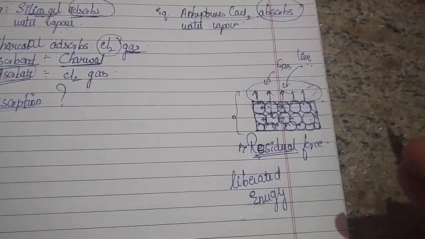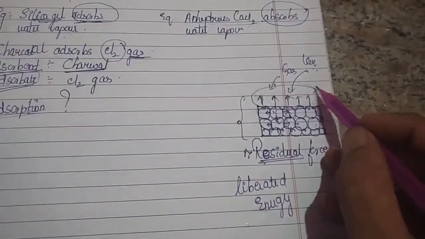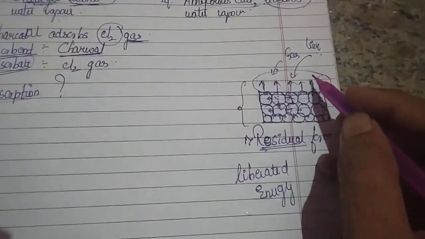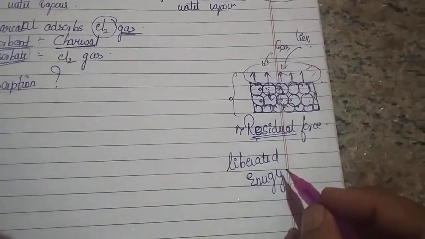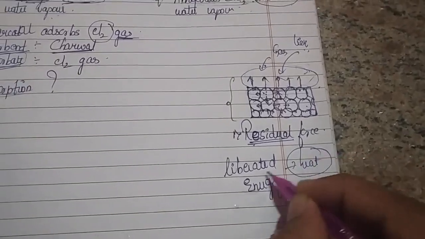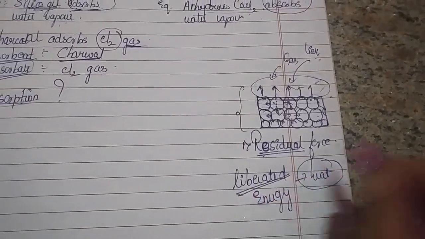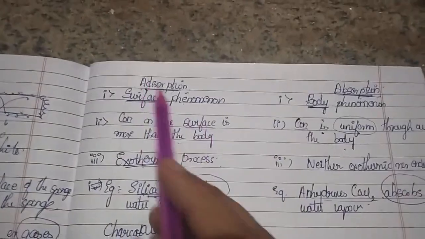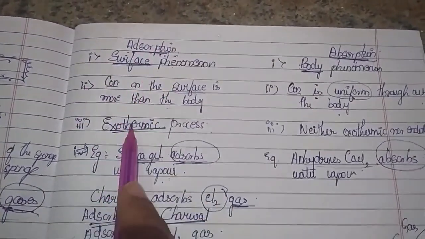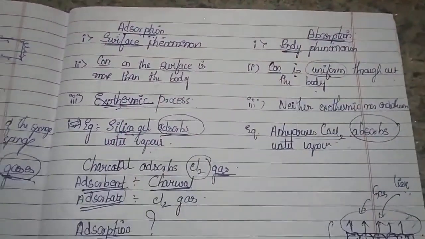Mark my words, during adsorption there will be a decrease in the surface energy, and that decrease appears as heat. The heat is getting liberated. That is the reason we stated in our distinguishing part that adsorption is an exothermic process.